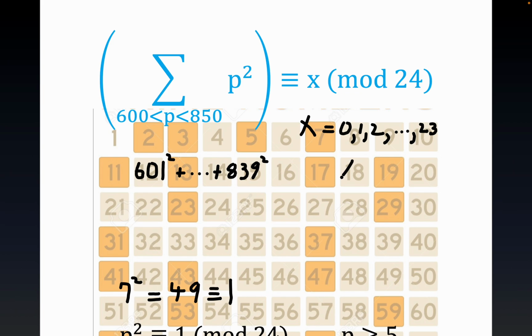That turns out to be the solution we're looking for. And any other number congruent to it modulo 24 would be another solution, just not, you know, in the reduced residue system. So x equals 13.